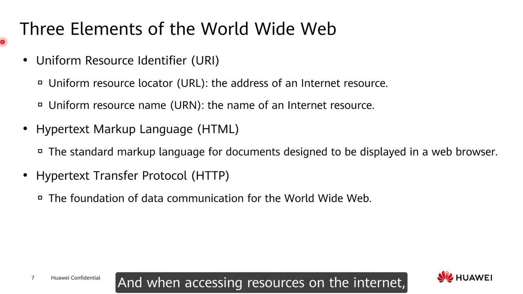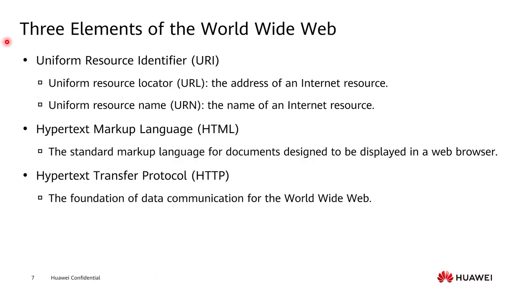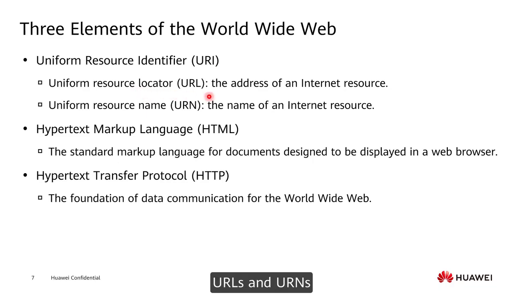And when accessing resources on the Internet, a user needs to know a complete address in addition to starting with 3W, that is the URI. The URI can be classified into URL and URN.